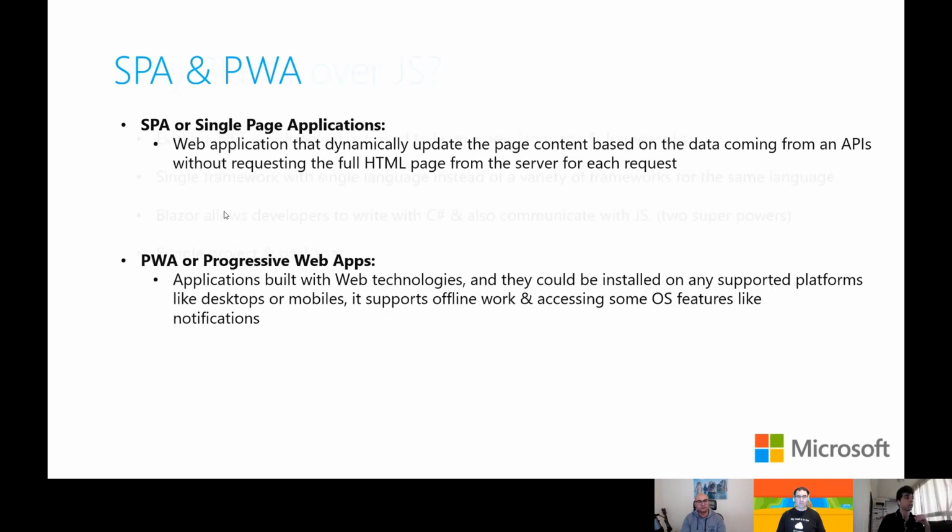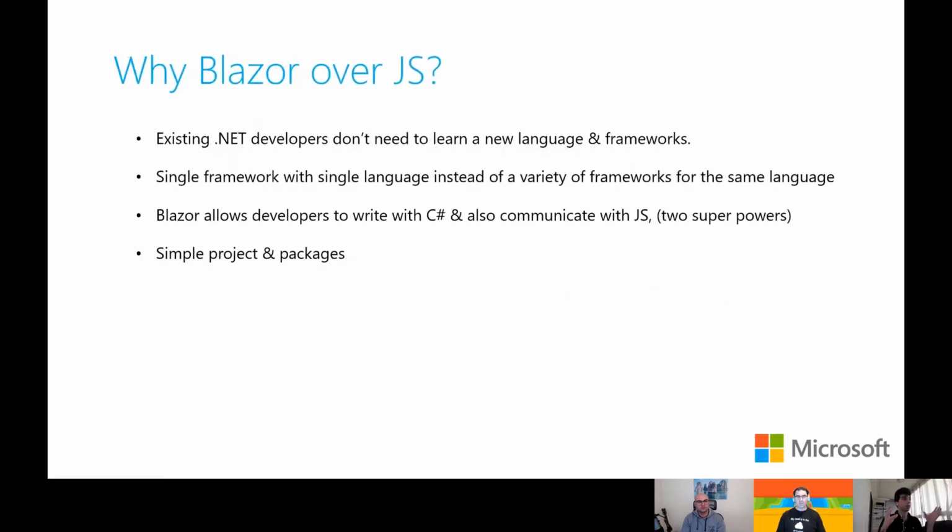So before we move to the demo, this is the last point that we want to cover, which is very important. So why Blazor over JS? This is the question that everyone asks. Actually, there are some reasons. You cannot compare, because it depends on the market out there and the need for everything. But the first point is that if there are already .NET developers like me, and I was one of those developers, and I don't like JavaScript because I'm already used to the .NET ecosystem, that amazing package manager, that amazing IDE, all the stuff.